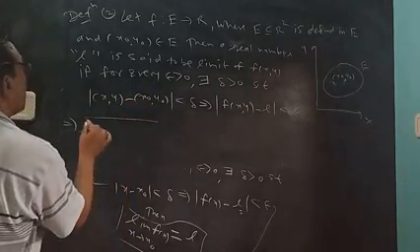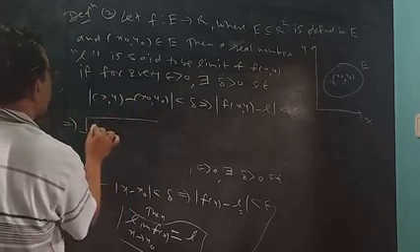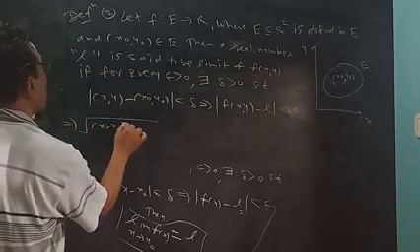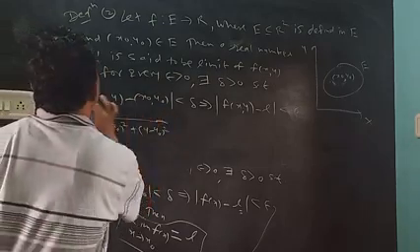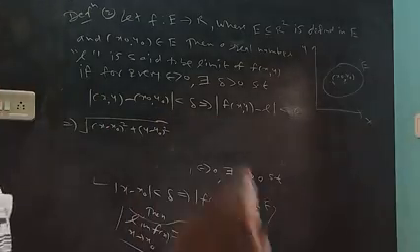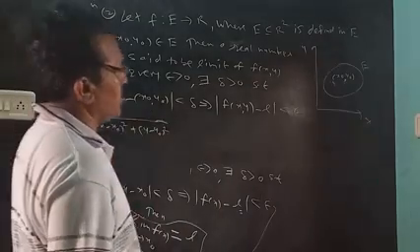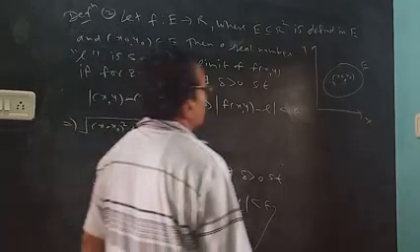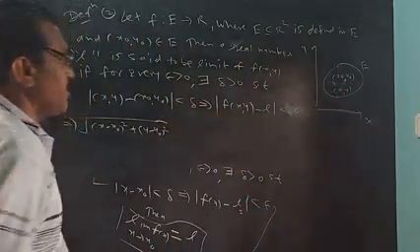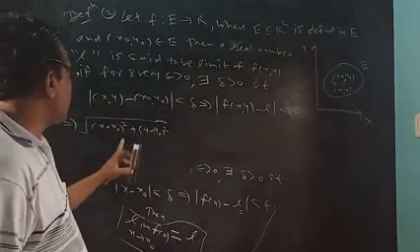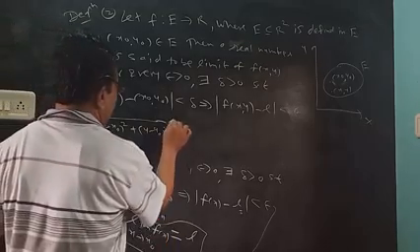So this is the same as root of (x minus x0) whole square plus (y minus y0) whole square. This mod means the distance between the two points, the xy point and the x0, y0 point, less than delta.